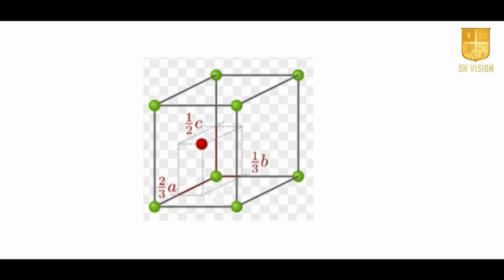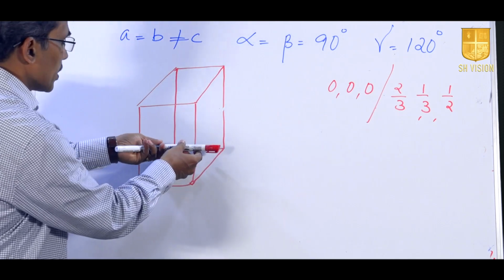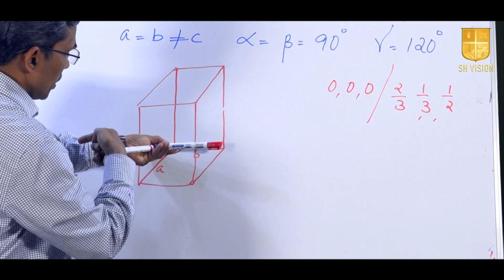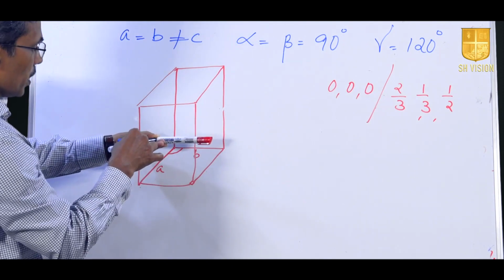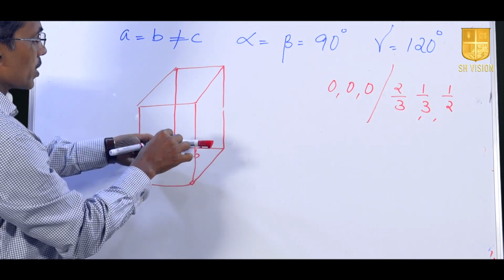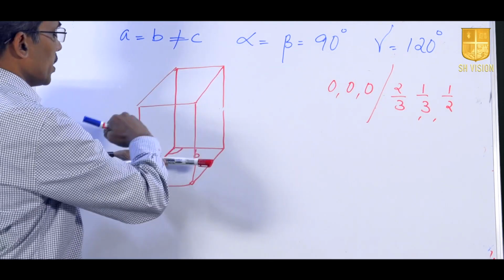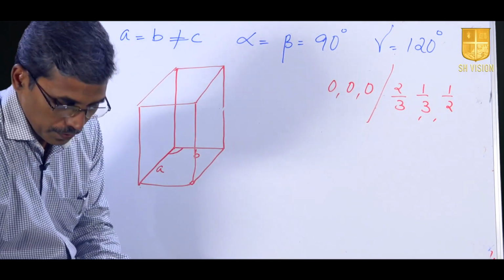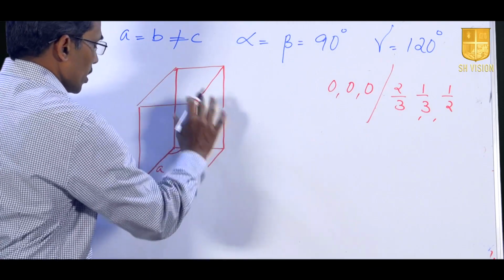So, 2/3, 1/3, 1/2 means, this is our b axis, this is a axis and this is our c axis. Along a direction we can go 2/3, along b direction you can go 1/3, and along c direction you can go to half, that is c/2. So, this is a rhombus based prism.